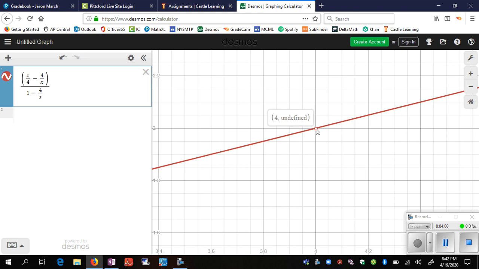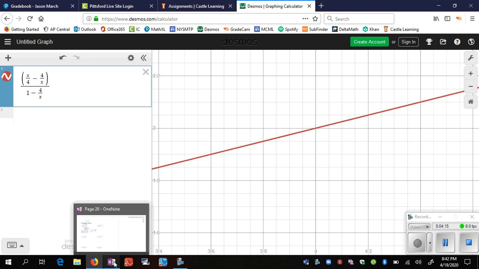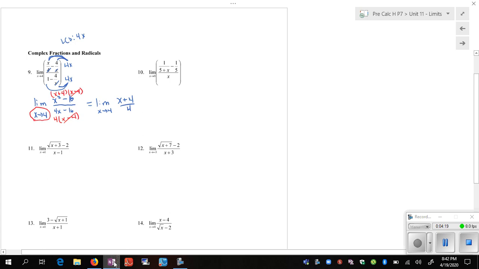But in reality, it doesn't. And so we need to comprehend that as something that we're focusing on, that when we look at this, it's hard to see that it's actually a removable discontinuity. So there again is our equation. You would see if I distributed with division of 4, slope of a fourth, y-intercept of 1.